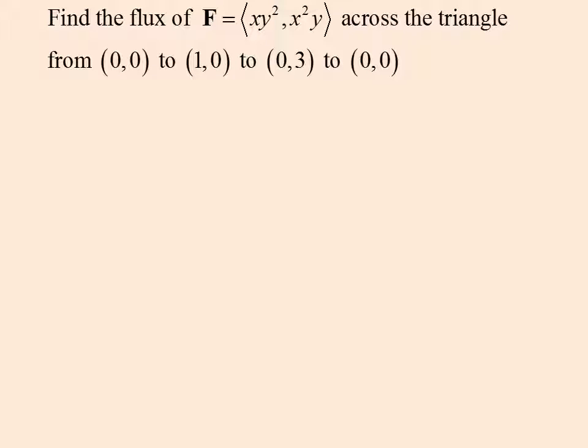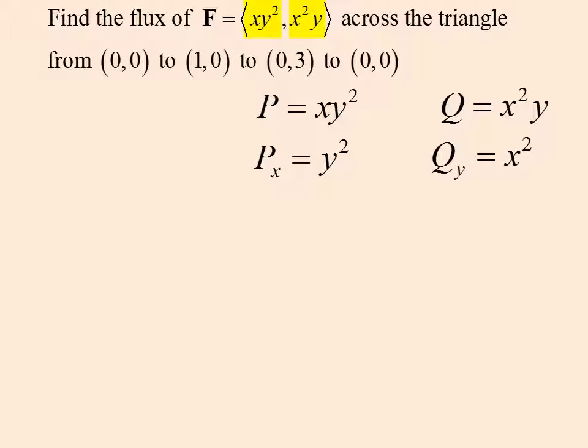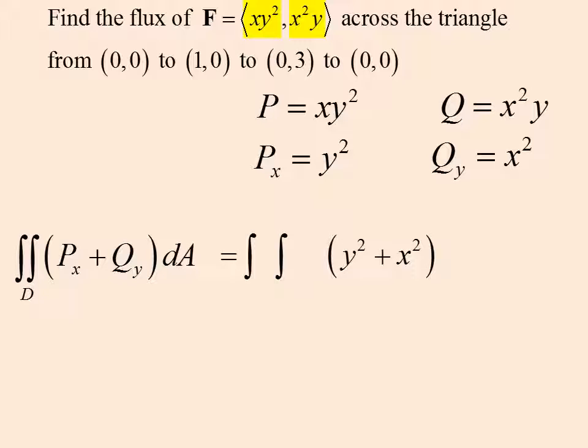So here we want to find the flux of the vector field given here across the triangle with vertices at (0, 0), (1, 0), (0, 3), and (0, 0). So here are the P and Q, as we've been calling them. Here's the derivatives with respect to x and y respectively. And so our integrand would be y squared plus x squared.